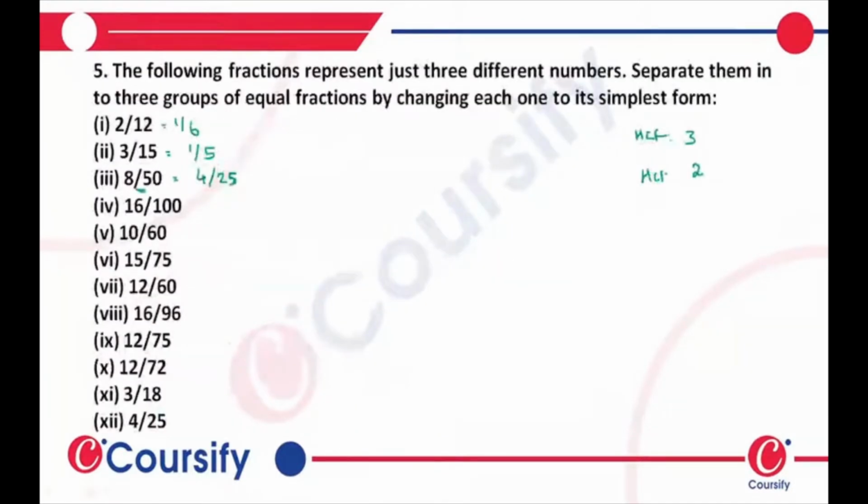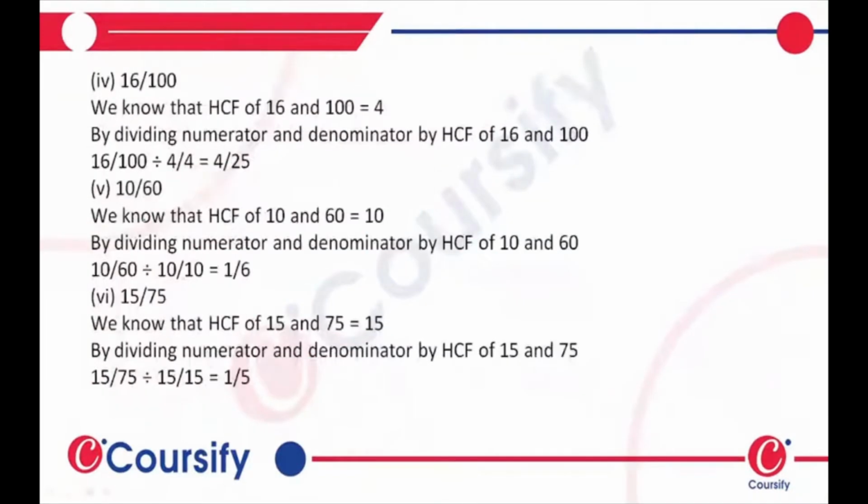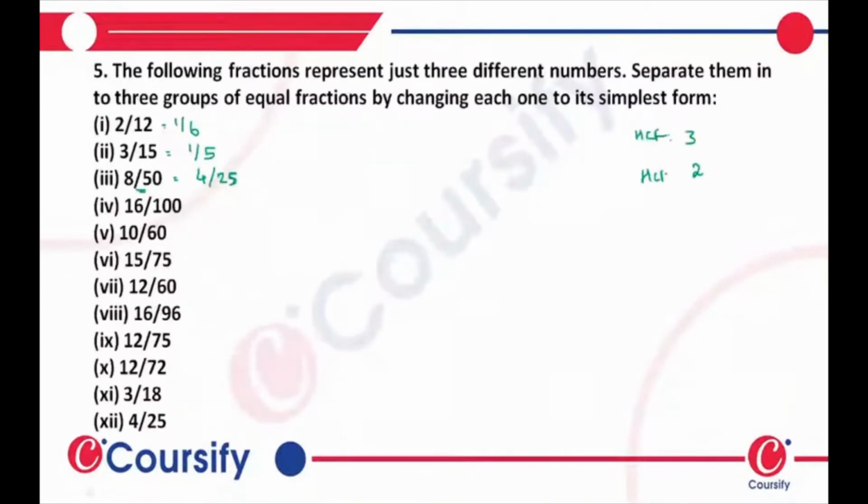Okay. Next question, 16 by 100. For 16 by 100, we know that the HCF of the numbers is 4. Okay. So since the HCF is 4, we can divide the numerator and denominator individually by 4. So when we divide the numerator and denominator by 4, we get 16 by 4 is equal to 4, and 100 divided by 4 is equal to 25.